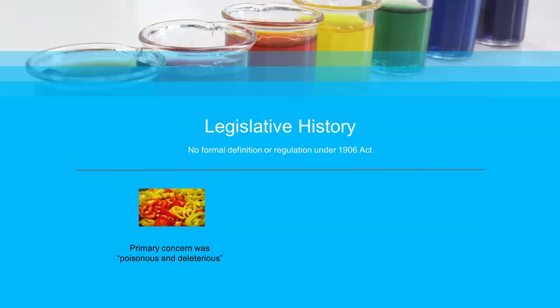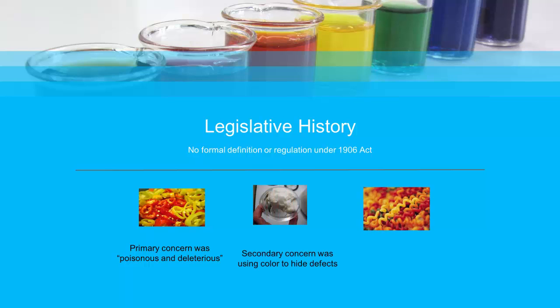But here in the 1906 Act, the main focus on anything that was going into food, there was no sense of this definition, but what we would call today something to impart color or something to impart flavor, the concern was, is it poisonous or deleterious? A secondary concern, in particular for the USDA, was color being used to hide a defect in meat.